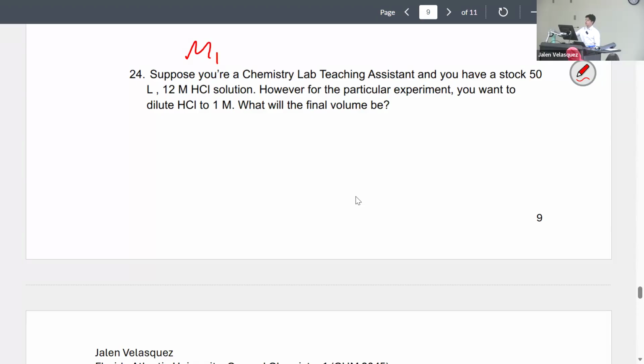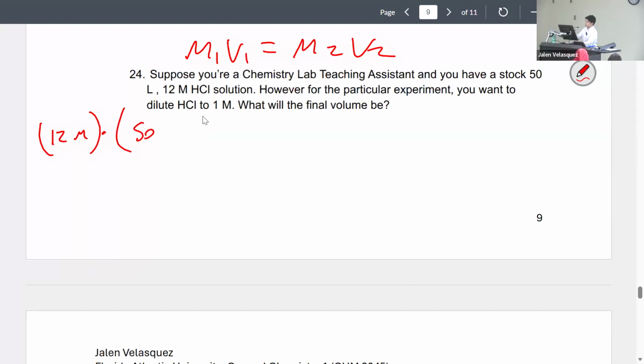So we know M1 times V1 equals M2 times V2. So when you see this word stock, this is synonymous with initial, right? Stock is what you're starting with. So my initial concentration is 12 molar. My initial volume is 50 liters.